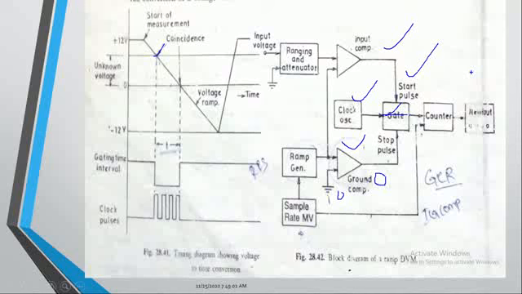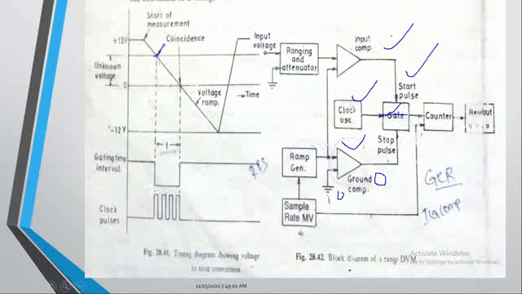There are different types of digital voltmeters available in the market: the ramp type digital voltmeter, integrating type, potentiometric digital voltmeters, mixed trigger digital voltmeter, and so on. But in this class, we are discussing the ramp type digital voltmeter.